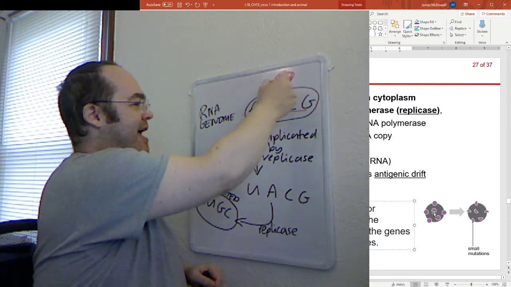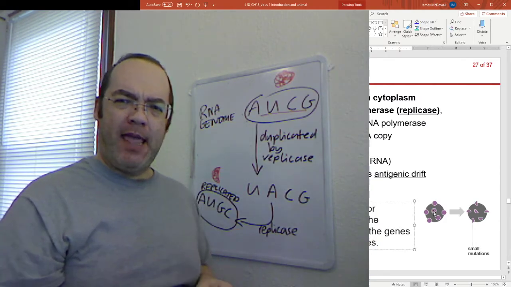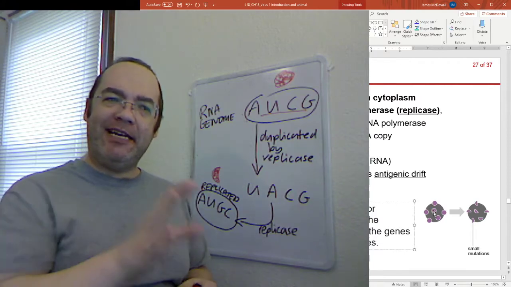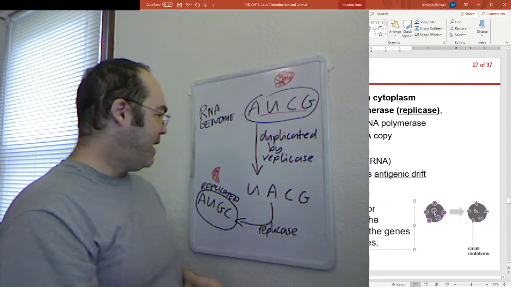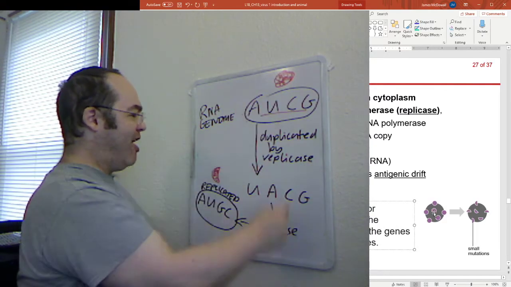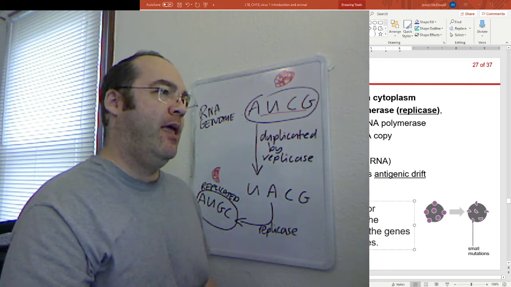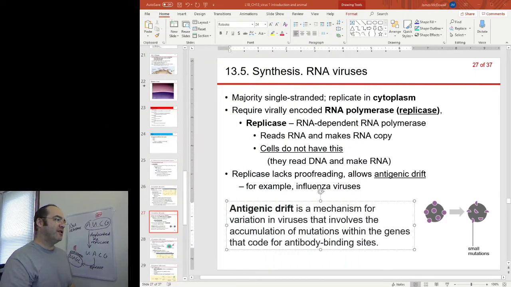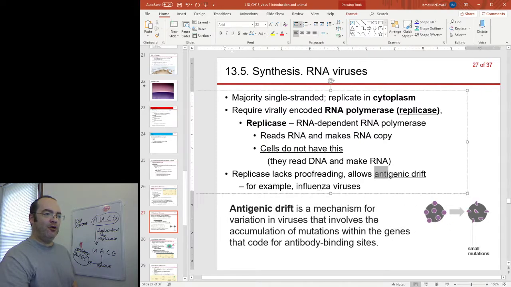We now have a virus that has a different spike, and that then may be able to interact with a different receptor. This change may be very gradual, from generation to generation to generation. And this process of slowly changing the surface structure of the virus particle is known as antigenic drift.